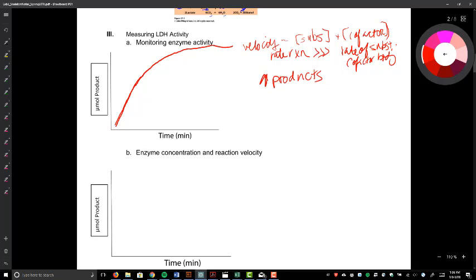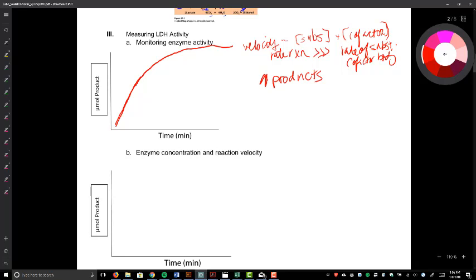The enzyme is going to catalyze the reaction at different rates depending on the availability of the substrate and the cofactor. It'll also change if the products interact with the enzyme. That might change the rate as well.